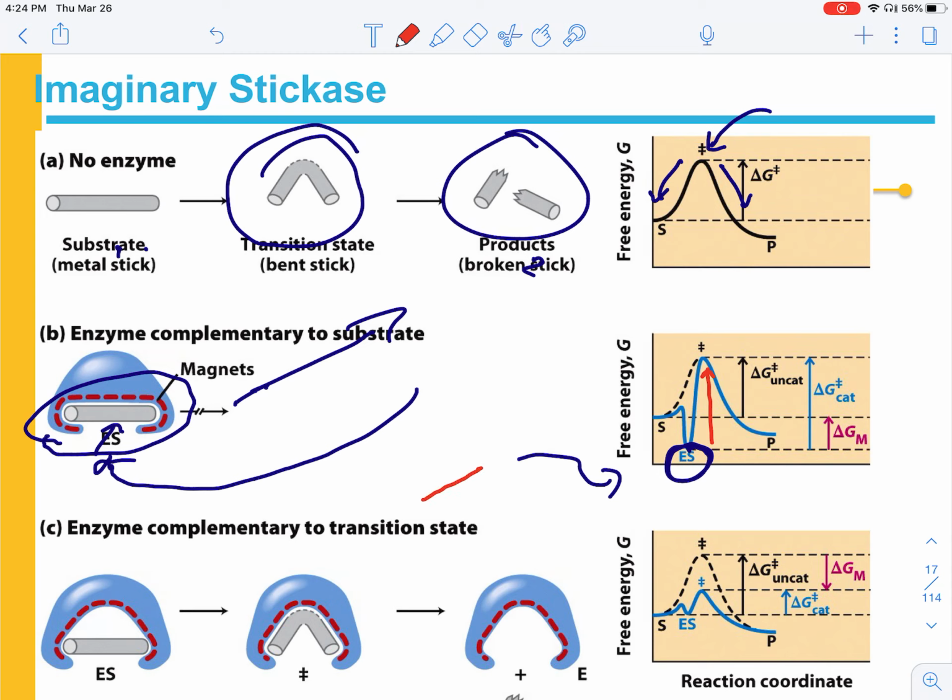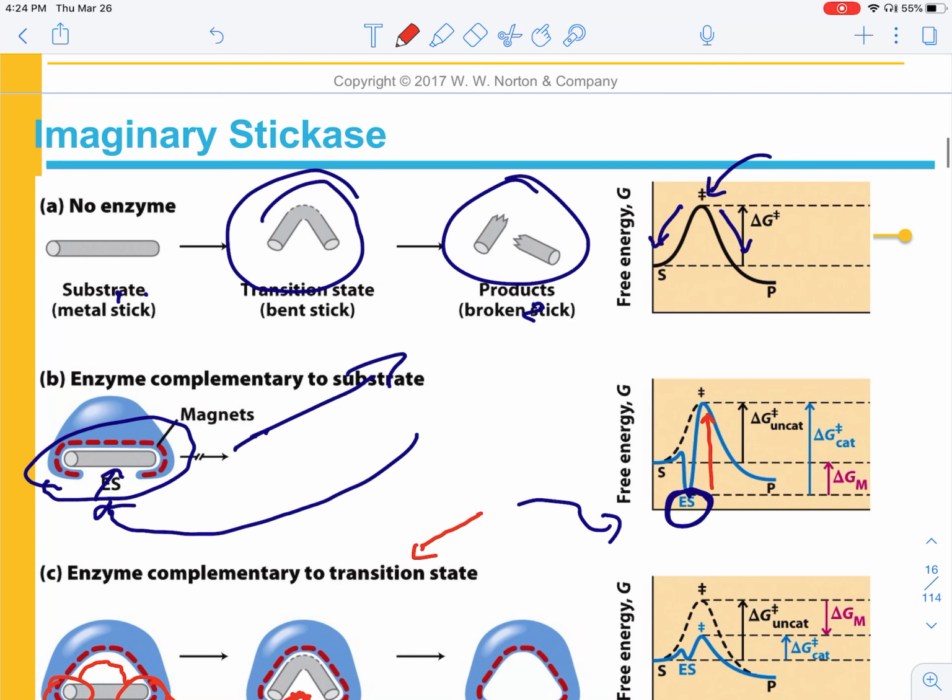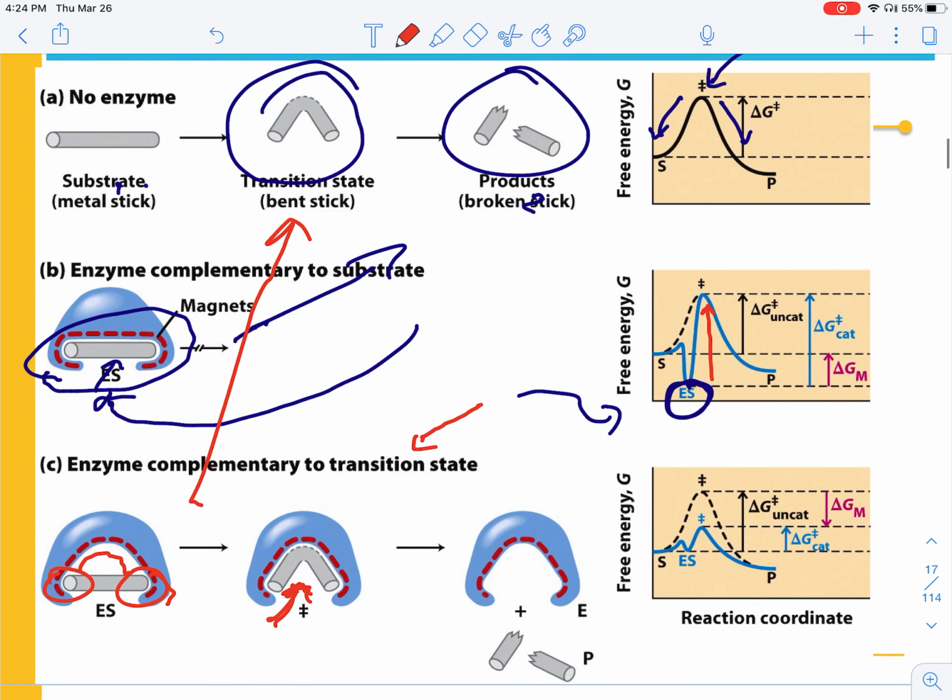Instead, the transition state theory says that the active site of the enzyme is actually built to encourage the development of the transition state. And so here, there are certainly contacts to grab on to the substrate, but the active site is actually developed to push this substrate into the transition state so that it increases the rate of the reaction.